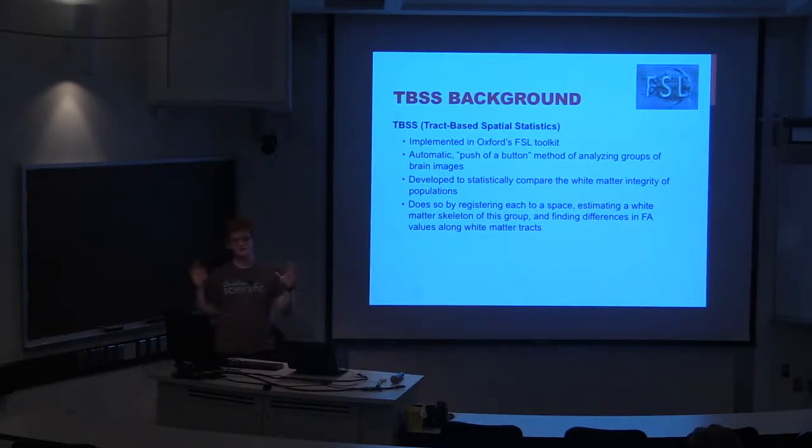Basically, the purpose of TBSS is if you have like 50 diffusion tensor images of people who are control patients, perfectly normal people, and then 50 other images of people with, say, autism, or who have been abusing a certain drug, or who have some reason to believe that there is going to be a difference in their neuroanatomy. We just put all those images together, we run them through TBSS, and then TBSS can say, okay, these are the areas of white matter in which these people vary.